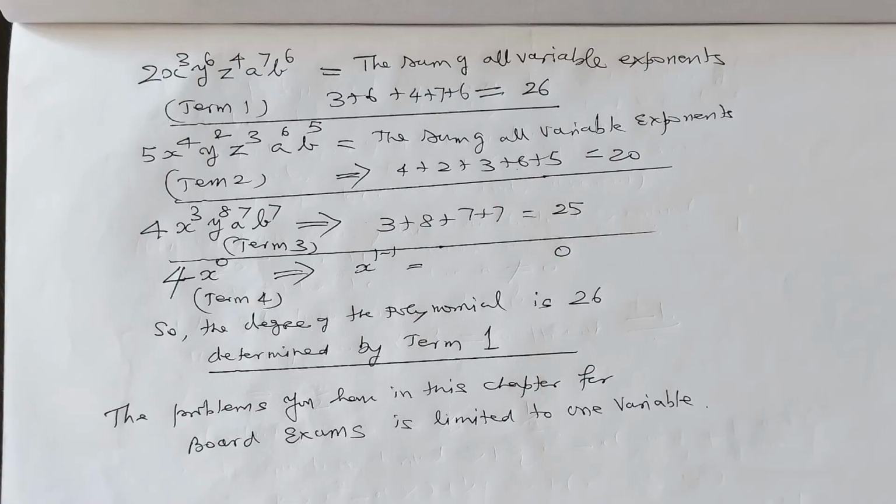In the third term, the sum of all variable exponents is equal to 25. In the constant term, the exponent is always 0. So the degree of the polynomial is 26, determined by term 1. The problems you have in this chapter for board exams are limited to one variable. Let us now look at the graphical representation.